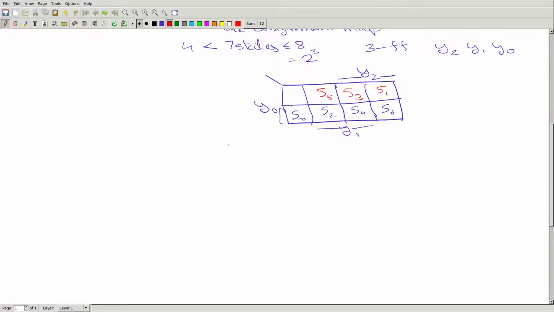And let's create something called next state map.